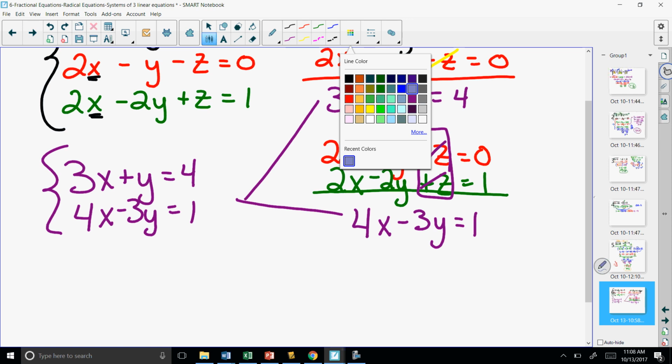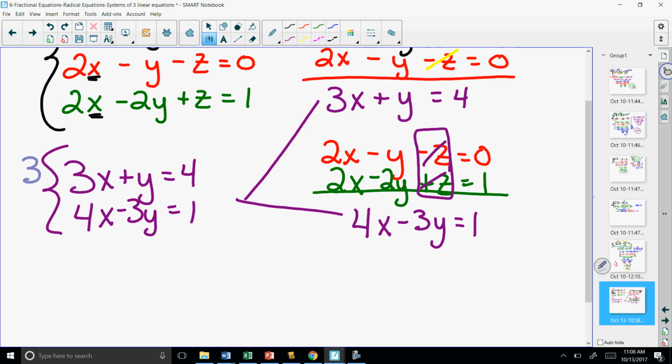Would you eliminate? Take the top equation times? I would just multiply the top equation by 3. That's going to give you 9x plus 3y equals 12. And the bottom equation is 4x minus 3y equals 1.